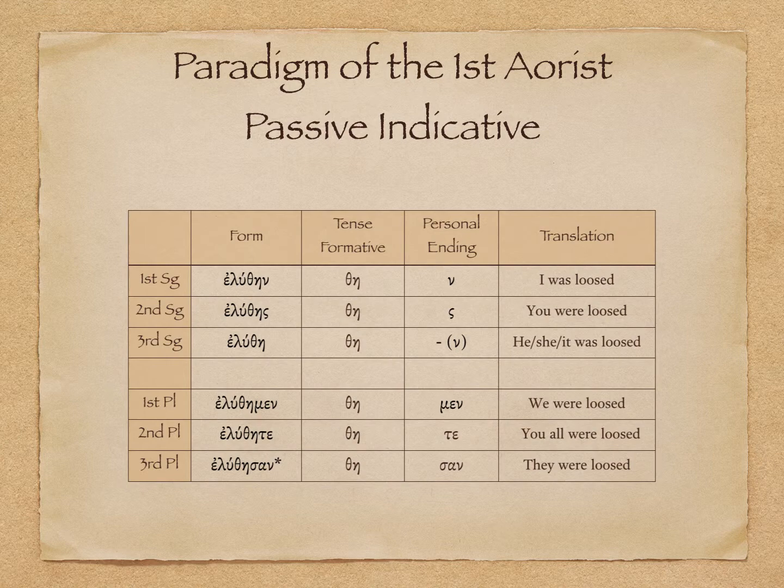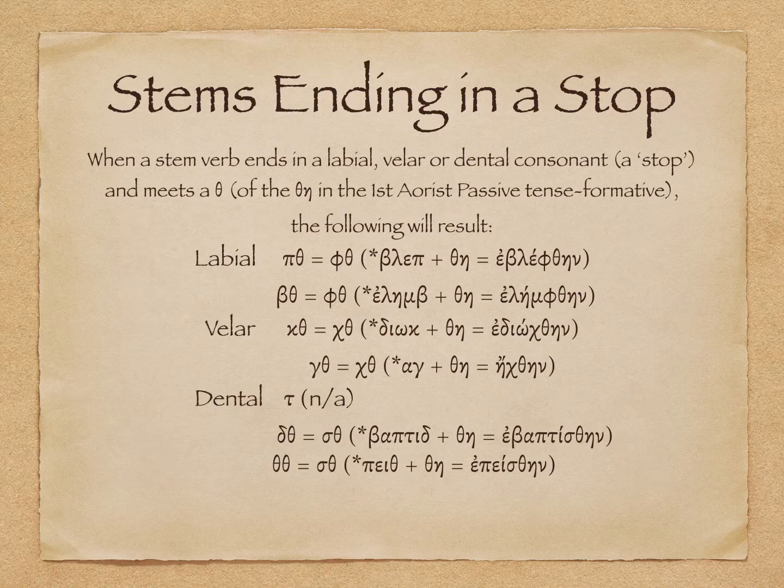One thing that we need to think about as we look at the aorist and also the future is that there are certain stems that end in a stop. And when those stems come into contact with the theta, the tense formative of the first aorist passive and also the first future passive that we'll look at in a few moments, there are some changes that take place, and these changes are primarily for pronunciation's sake.